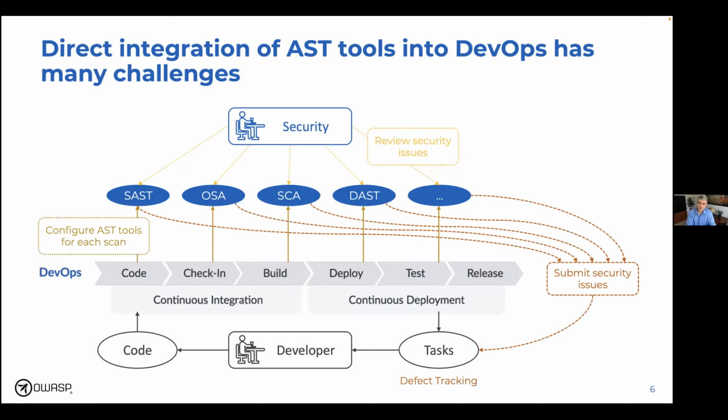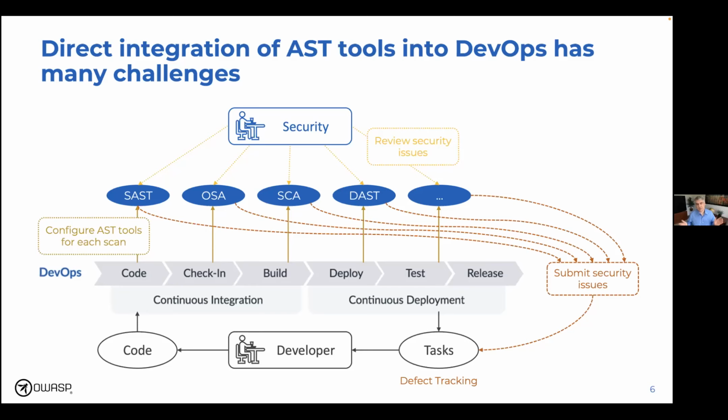There is one more challenge here: these tools have out-of-the-box integration with defect tracking systems like Jira, for example, and they all claim they are ready for integration with DevSecOps. But in most cases this integration means that when these AST tools discover security defects, they will dump all of them into defect tracking.